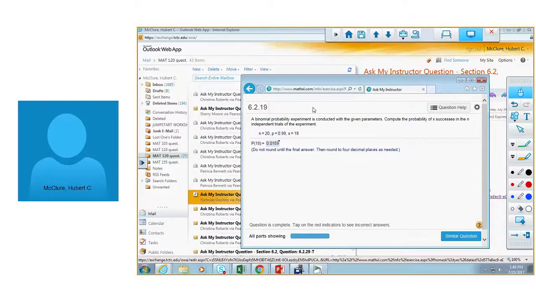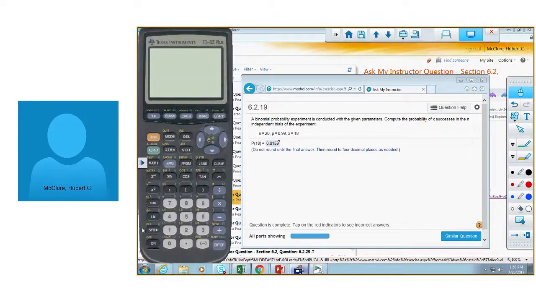NPX. Remember it's called binomial. I'll just find it on the calculator. Remember I told you, there's only one way you can type it in. N, comma, P, comma, X. Second bars. Binomial, I think it's CDF. And you type in N. Is it PDF?